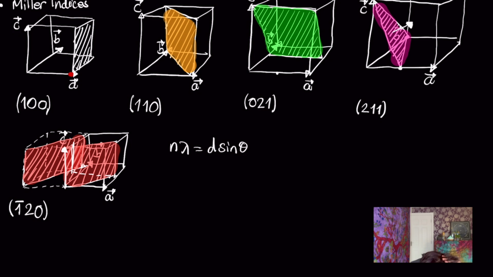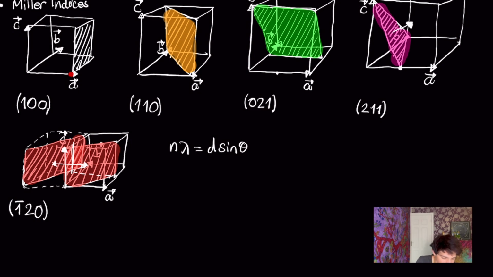And as you can see, this d represents that distance there between two different planes. And of course, you can have any number of planes within the crystals. It depends on what plane you're choosing to analyze. But this d right here is in fact the plane determined by the 3 Miller indices.